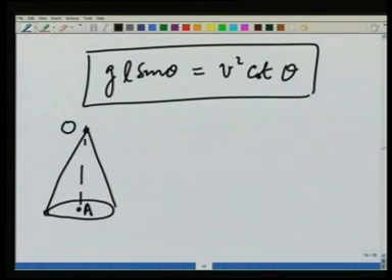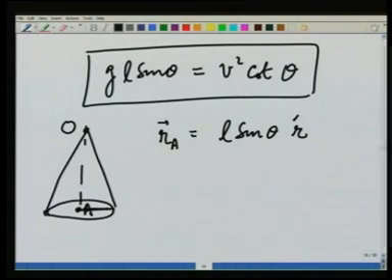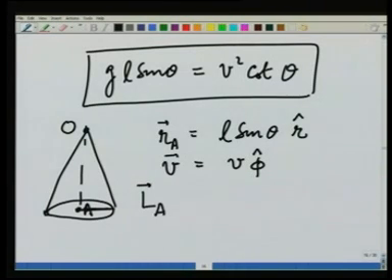Now we are going to do it about point A. If I take A as origin, then R with respect to A is L sine theta in the R direction, and velocity is nothing but v phi, and therefore angular momentum about A is m v L sine theta, R cross phi is z.